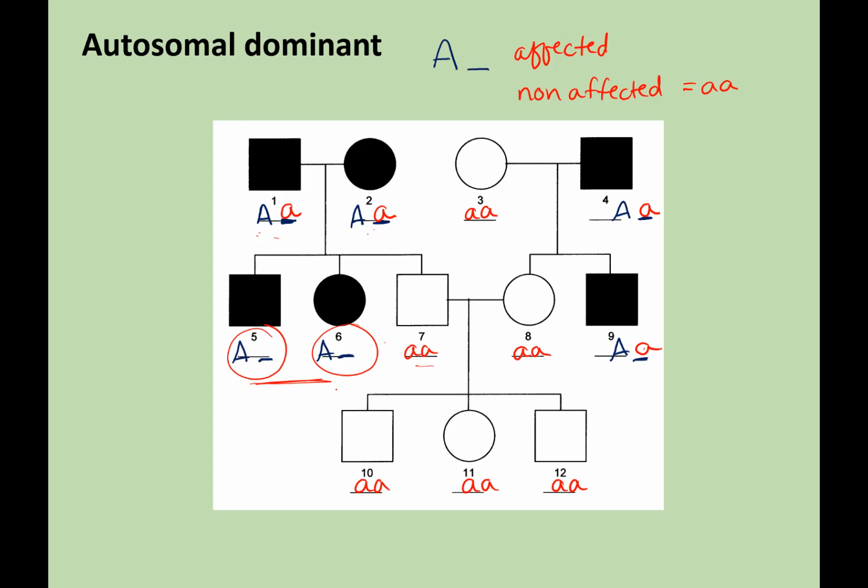Okay. So what are you looking for in autosomal dominant? Again, you see similar ratios in the sexes. The key is every affected child must have at least one affected parent.